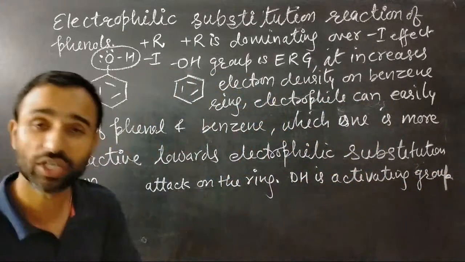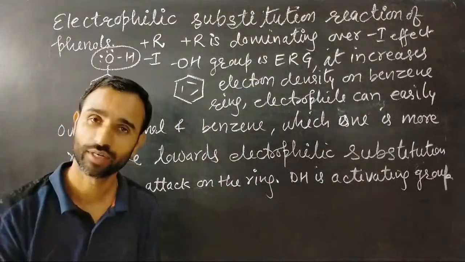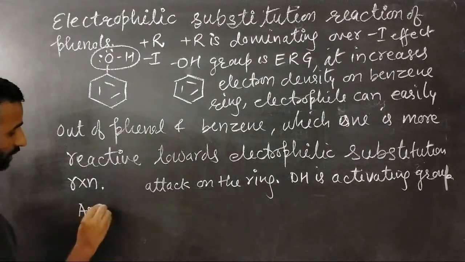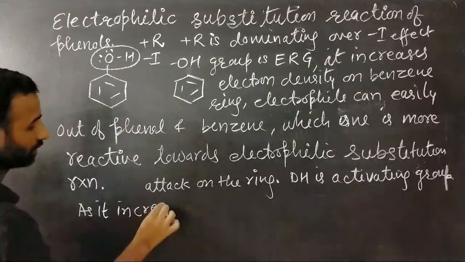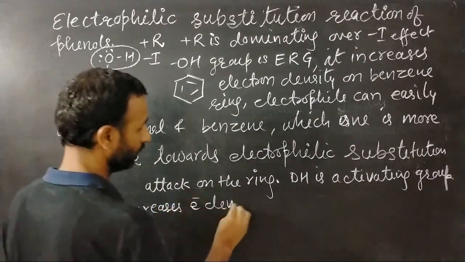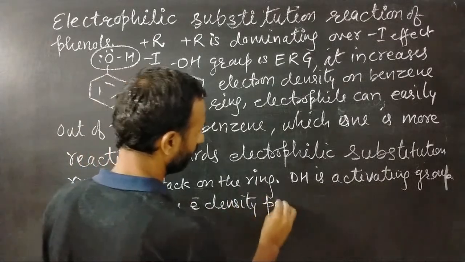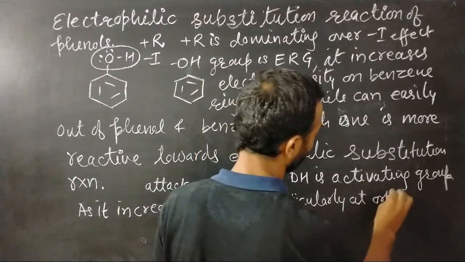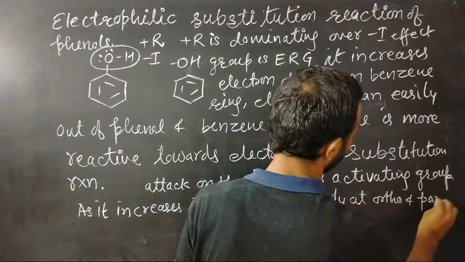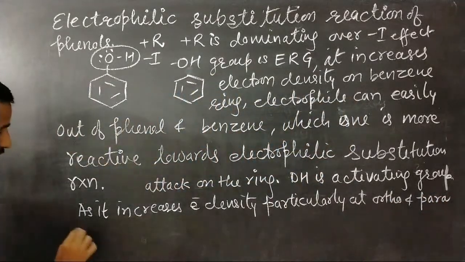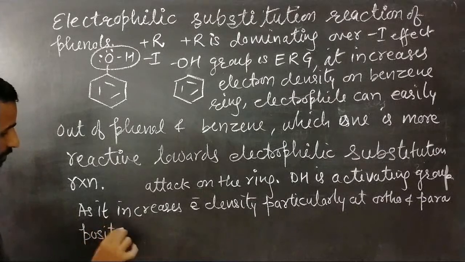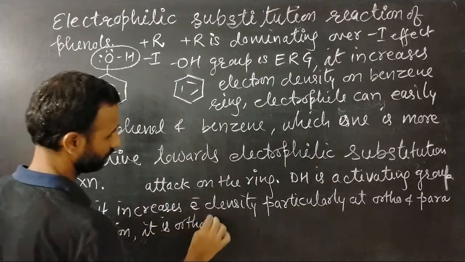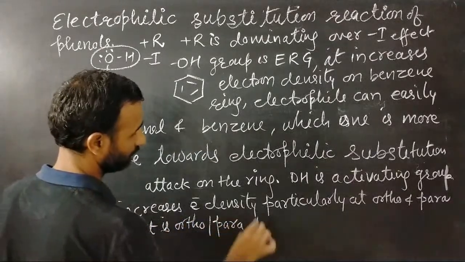OH activates the ring towards electrophilic substitution reaction. And as it increases electron density particularly at ortho and para positions, it is ortho-para directing.